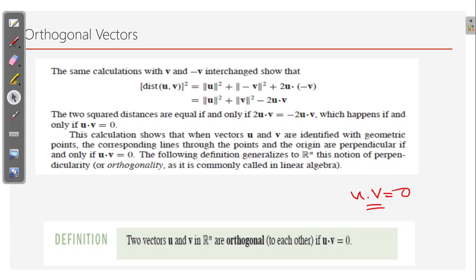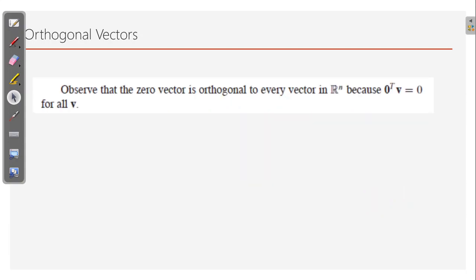This is the actual definition: two vectors are orthogonal to each other if u inner product v equal to 0.